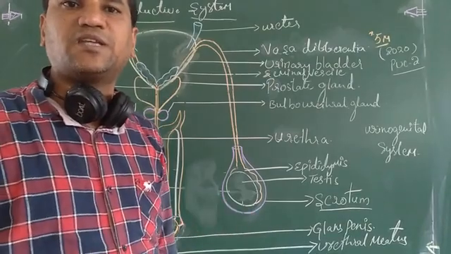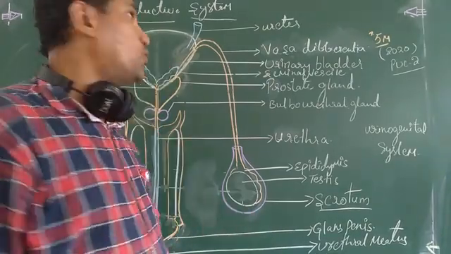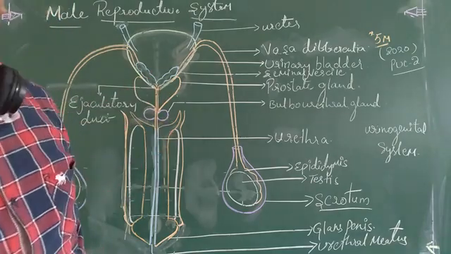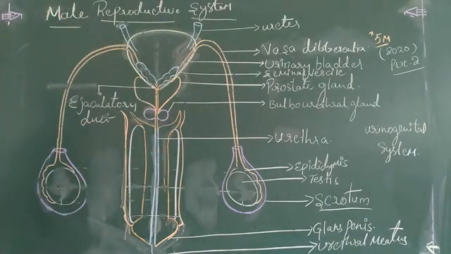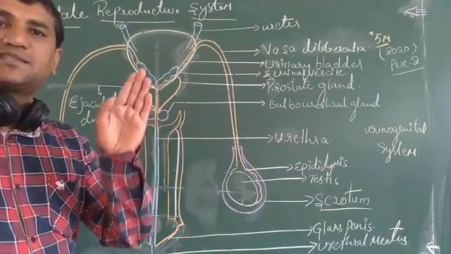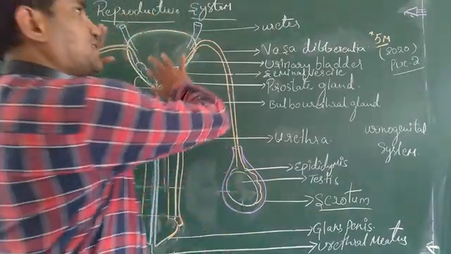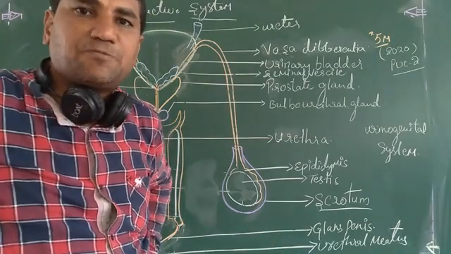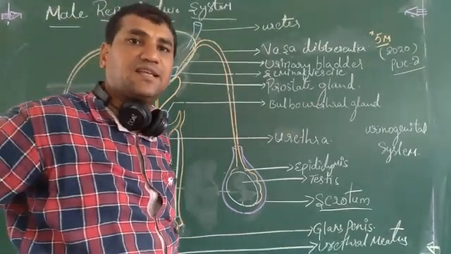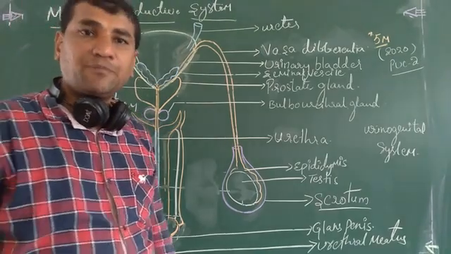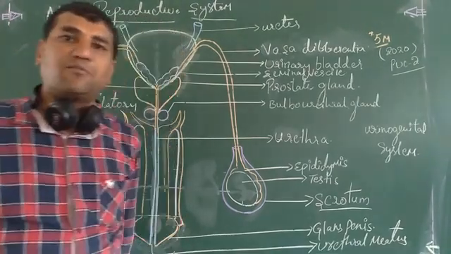Generally, when we see the male reproductive system, 70% of it is present outside the pelvic cavity. Only the urinary bladder and the glands are present inside the body. So 30% is present inside the body and 70% outside, and this complete male reproductive system is present in the pelvic region, just below the abdomen and between the pelvic bones.